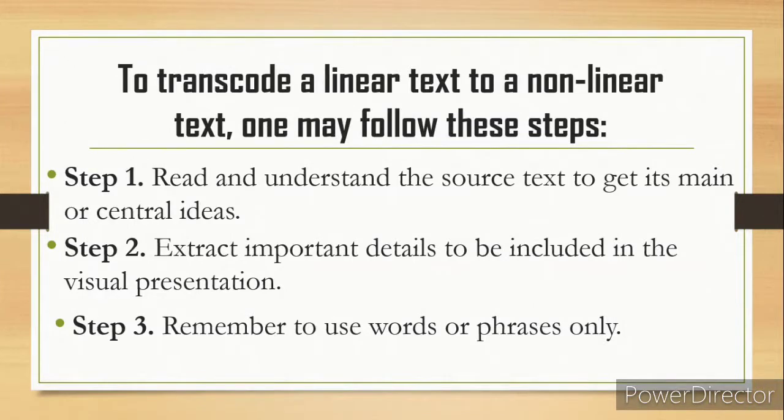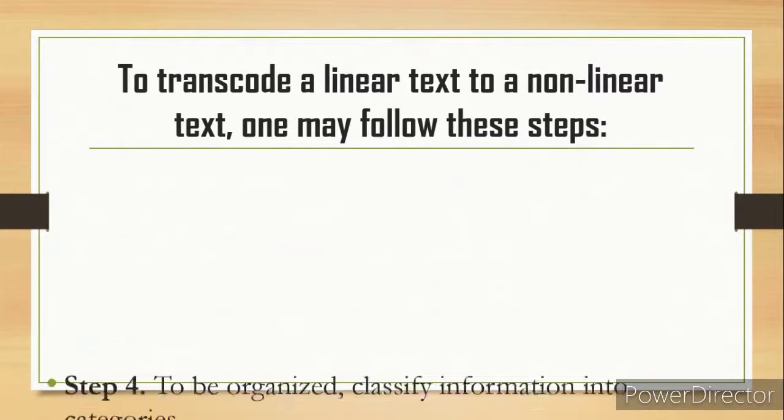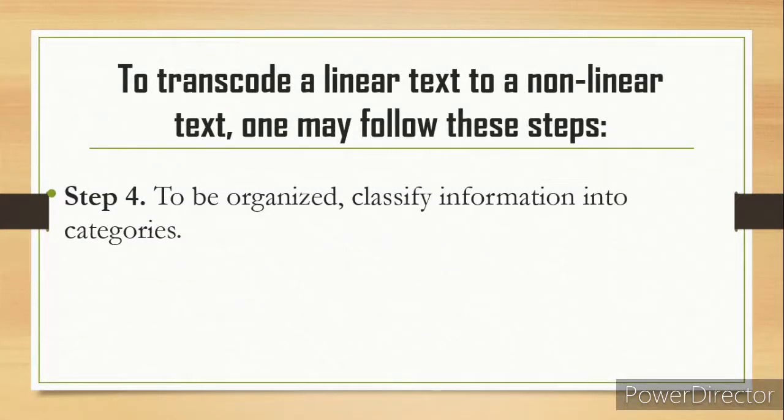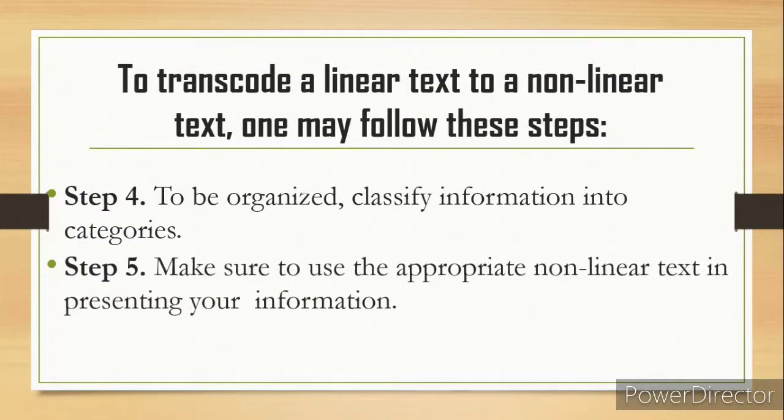Remember to use words or phrases only. Step 4. To be organized, classify information into categories. And step 5. Make sure to use the appropriate nonlinear text in presenting your information. Always remember those easy steps whenever you transcode linear to nonlinear text and vice versa.